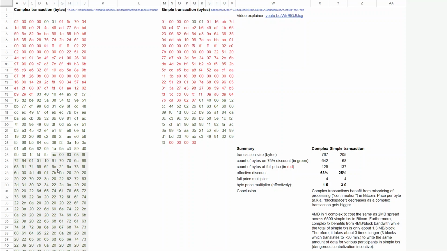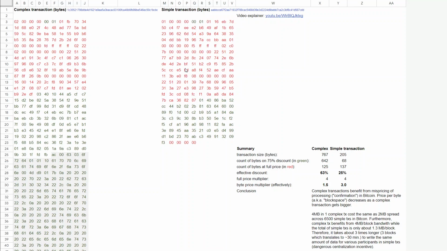Of course, there are some nuances, but the point I'm trying to make is that discrimination of bytes, or price discrimination of a byte, causes distortion, or those anomalies and situations which are, let's say, awkward and for sure not optimal.